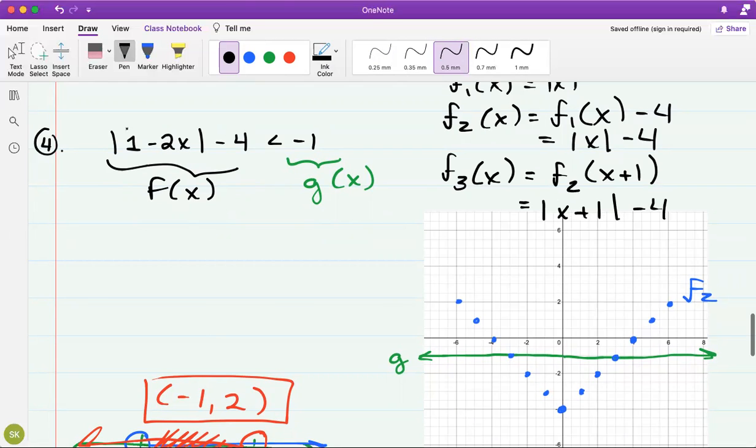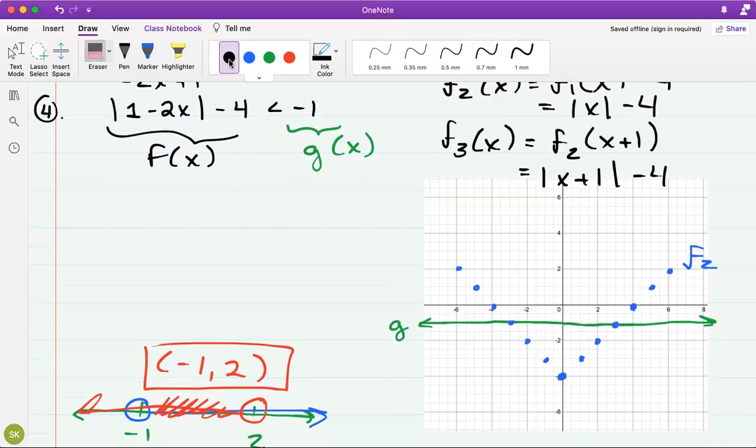By doing this, I'm getting this 1, because this is the same thing as negative 2x plus 1. And then I want to plug in this negative 2 as the last piece. If you do the negative 2 first and then the plus 1, you're not going to get the right graph, because you're going to multiply that plus 1 by a negative 2 because you're plugging it in to the x. And that's not something you want to do.